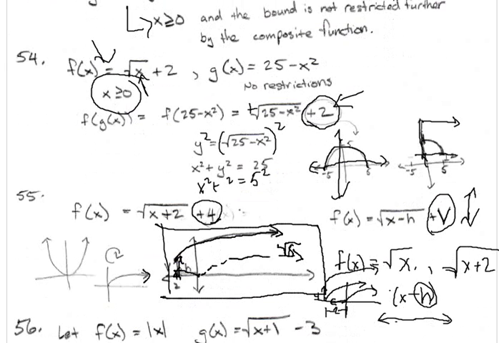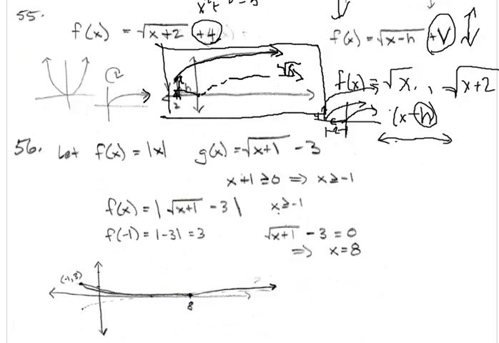All right, number 56. Okay, so we have f of x equal to the absolute value of x, and g of x equal to the square root of x plus 1 minus 3.